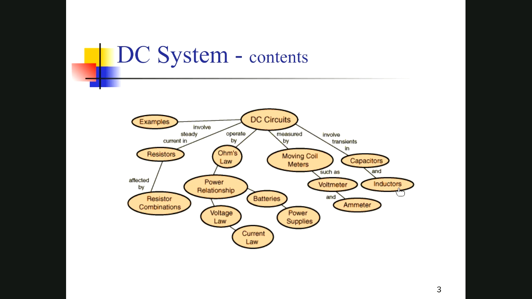Lastly, at the moment of switching on and switching off of DC systems, the voltage and current across a given component suffer a sudden change. You switch on, you switch off.